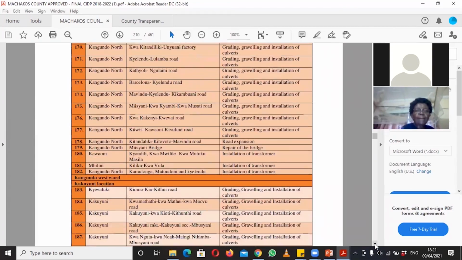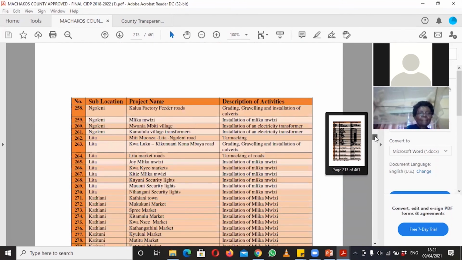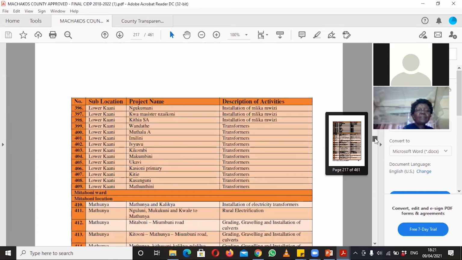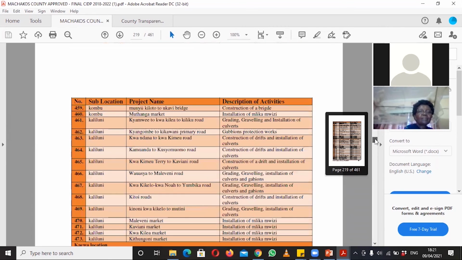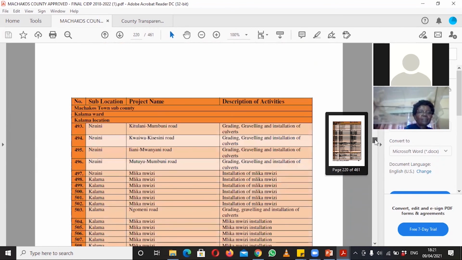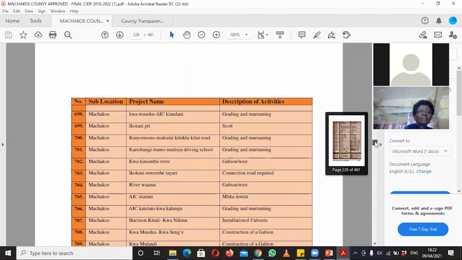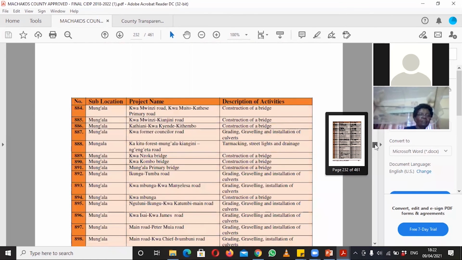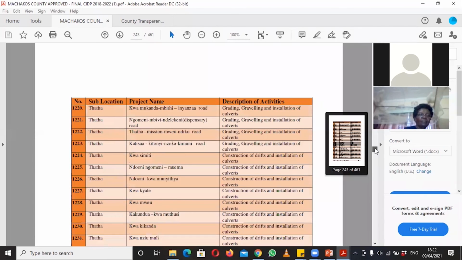On Masinga? That's where we are going. Do you have anything on Masinga? Let me see. Kadhiani, Lower Kaani, Mitaboni, Kaewa, Kalama, Lumbwa location, sublocation Machakos, Chanda, Kasinga, Mungala, Muvuti, Mwanyani, Katoloni.